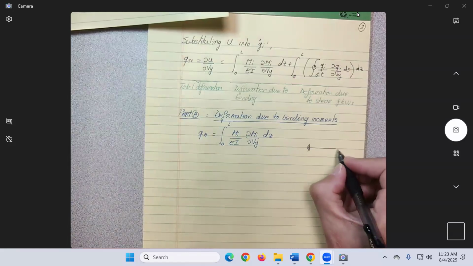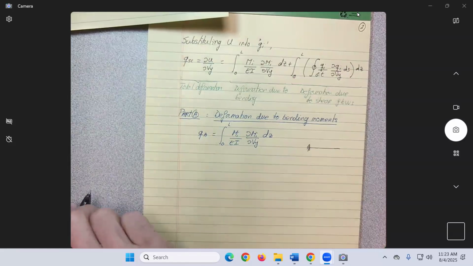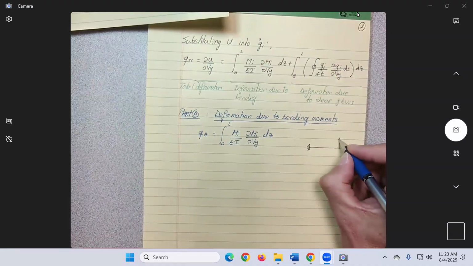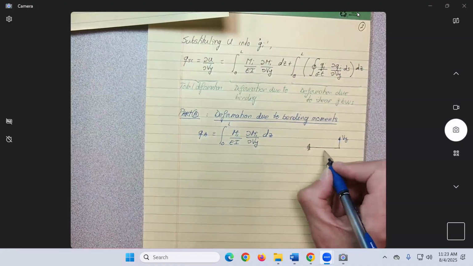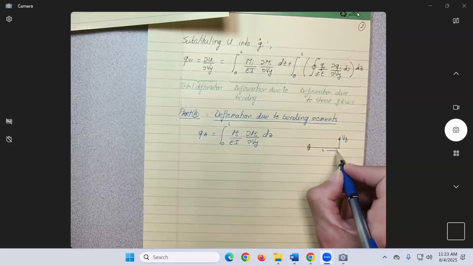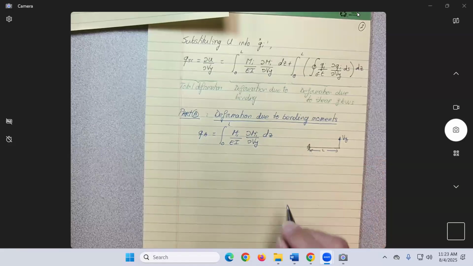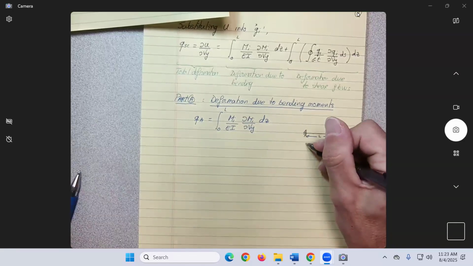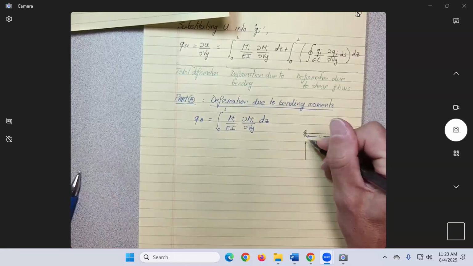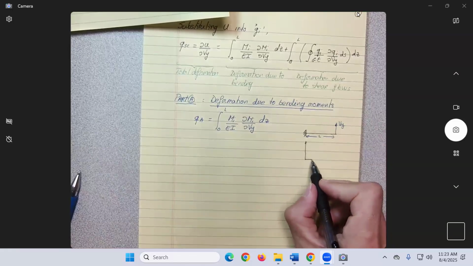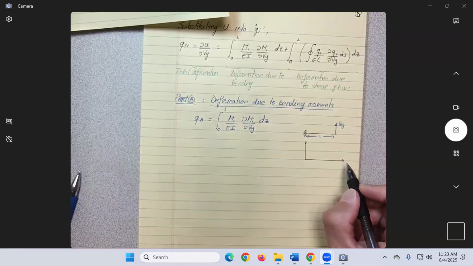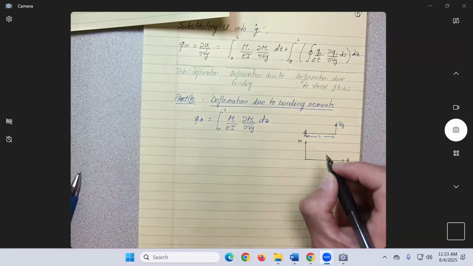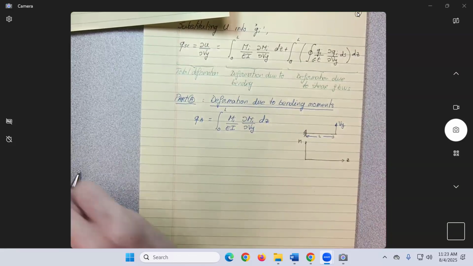We have here the length of the beam, subjected here to Vy, and this will be the length L. Okay, what would be the form of the bending moment?